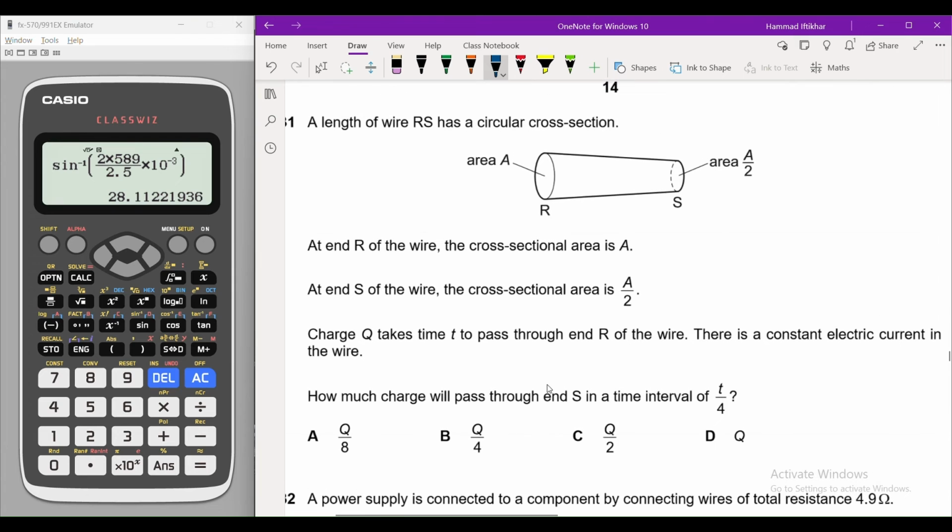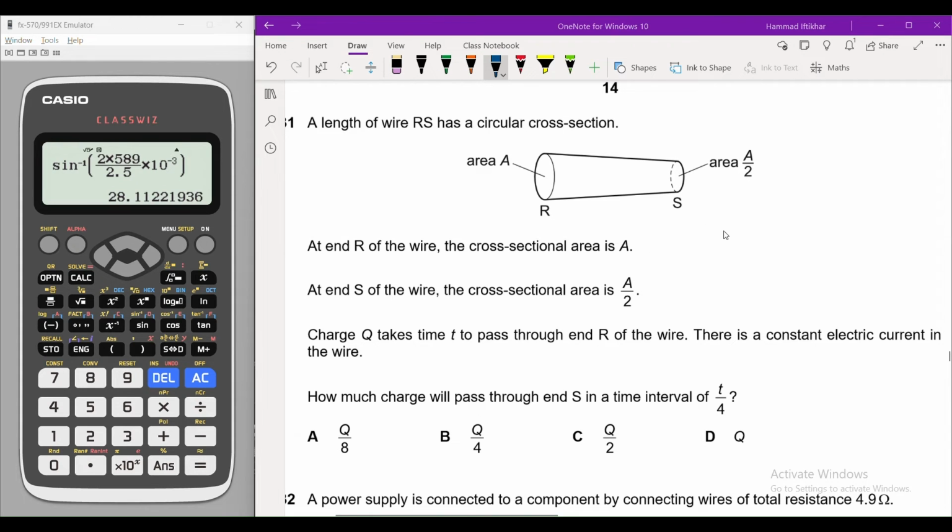Okay, all right. A length of wire RS has a circular cross section. At end R of the wire, the cross-sectional area is A, at end S of the wire, the cross-sectional area is A by 2. Charge Q takes time t to pass through the end R of the wire. There's a constant electric current in the wire. How much charge will pass through end S in a time interval of t by 4?